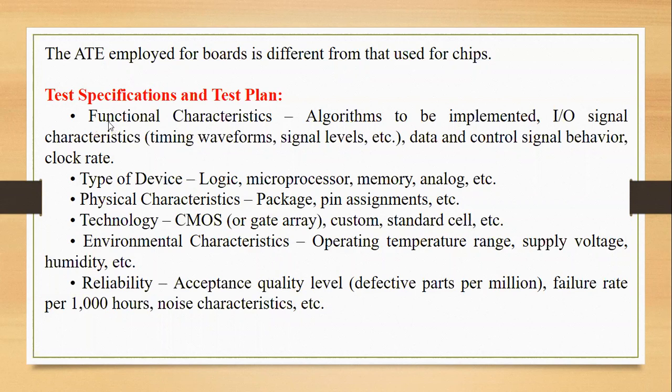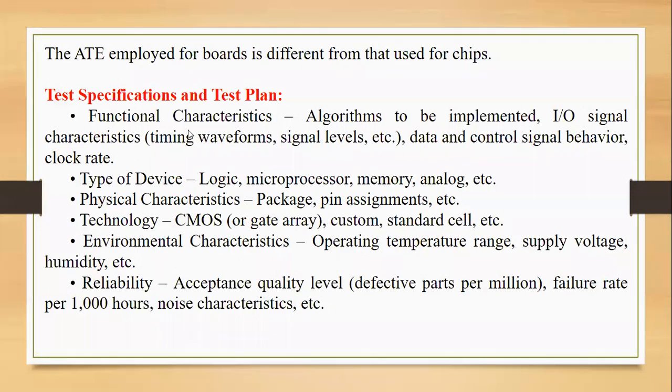The first one, functional characteristics. Functional characteristics are determined with algorithms to be designed and implemented. Input output signal characteristics such as the timing, waveforms, signal levels, etc. Data and control signals behavior and clock rate.